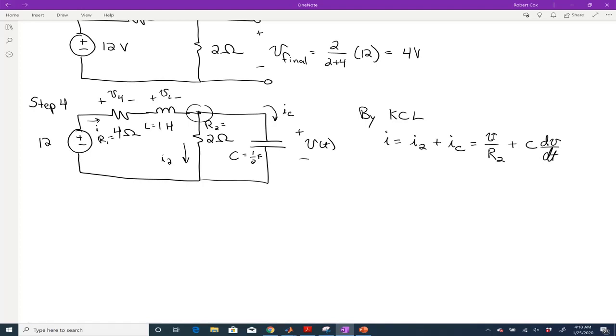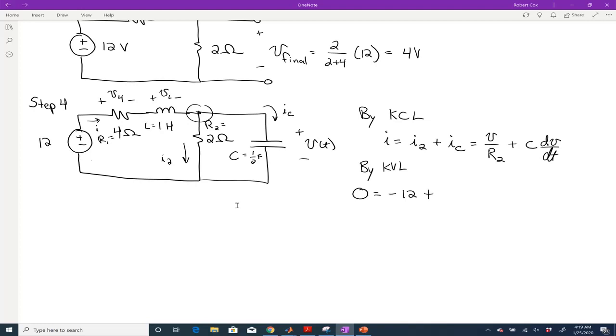So to do that, I have another tool up my sleeve. I can do KVL. So by KVL, let's do KVL around the loop here. All right, so I'm going to do 0 equals -12. So I go from minus to plus on the voltage source.